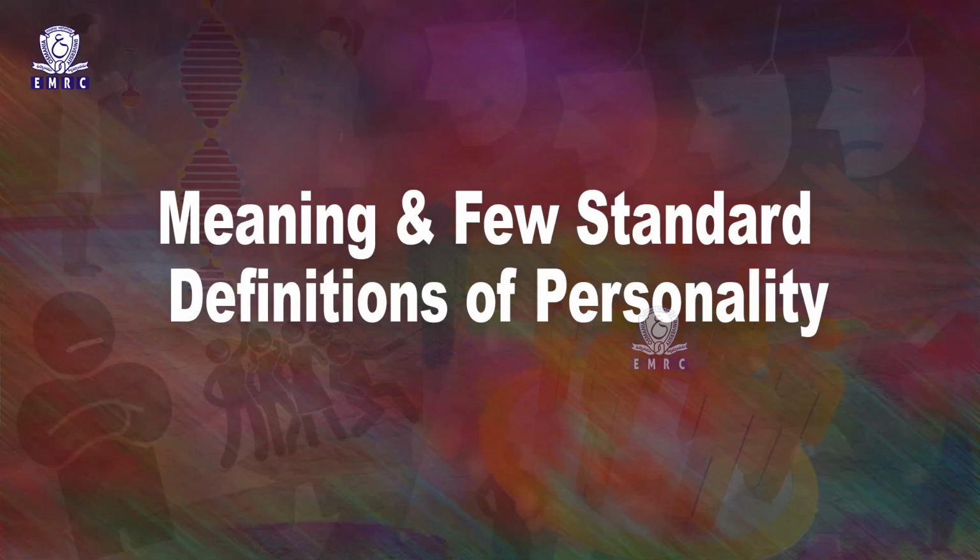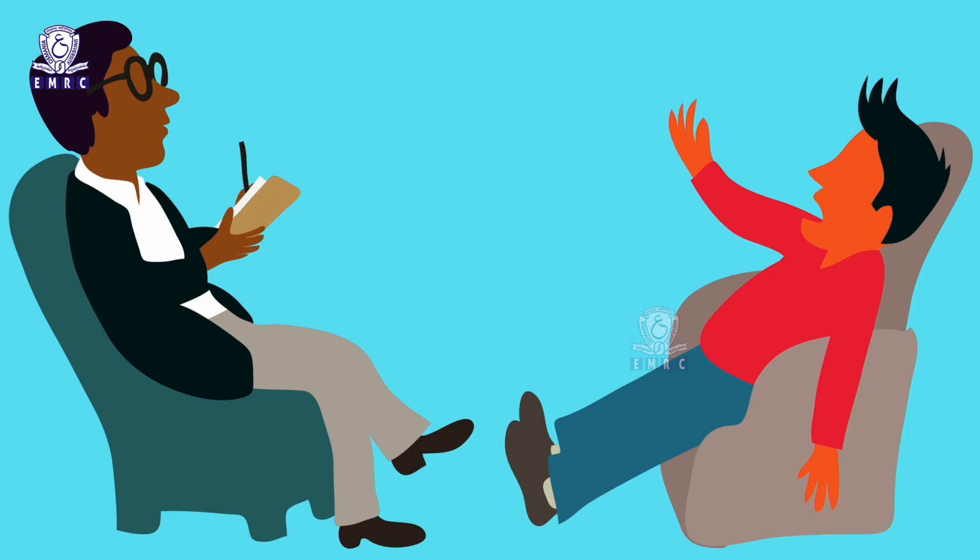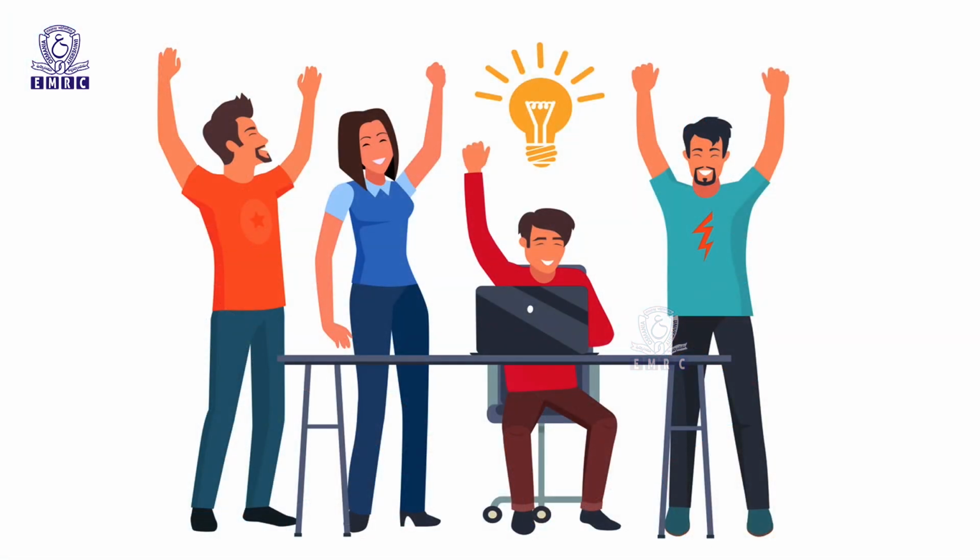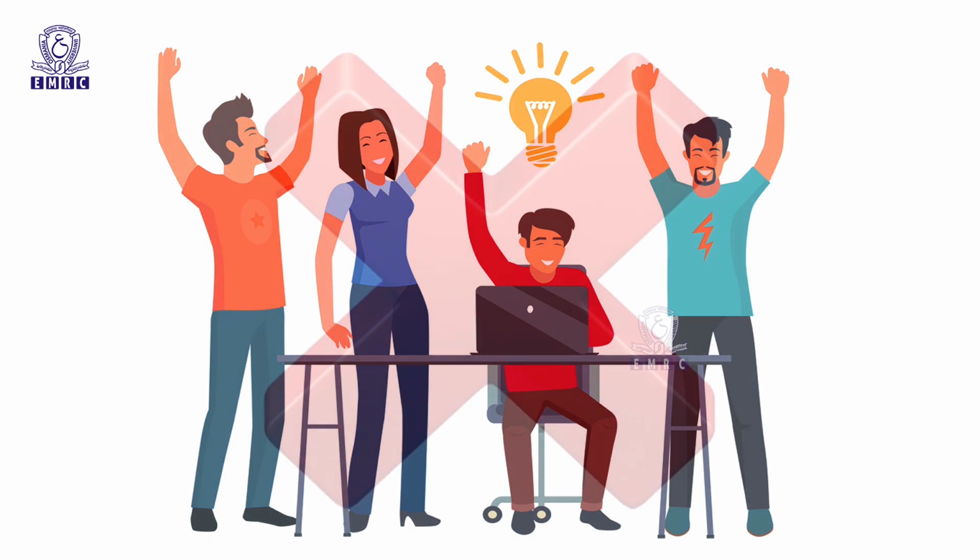Let us understand this through the meaning and a few standard definitions of personality. When psychologists talk about personality, however, they are concerned primarily with individual differences, the characteristics that distinguish one individual from another, and they do not agree on the exact definition of personality. With this, let us know what personality is.